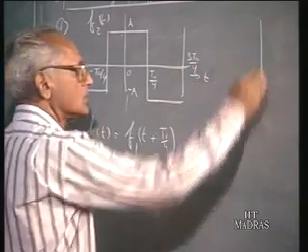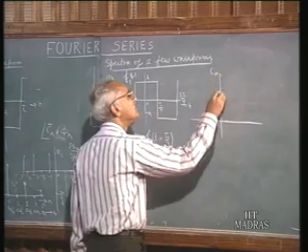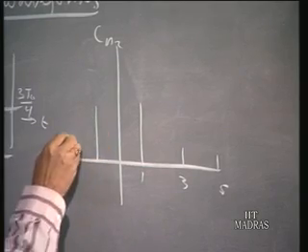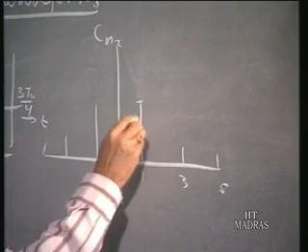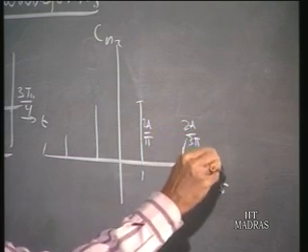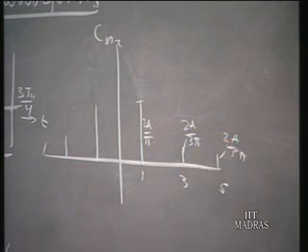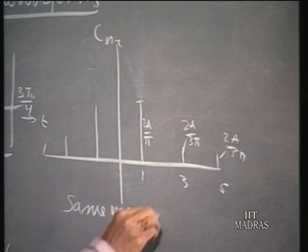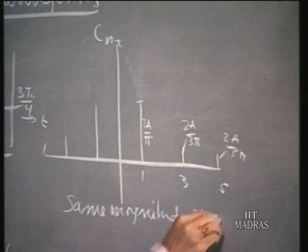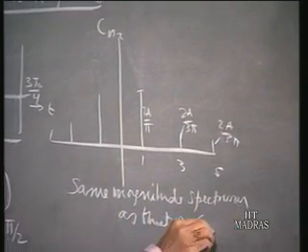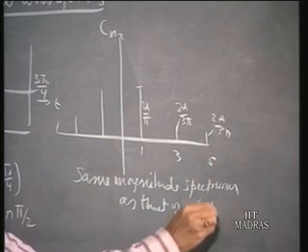So you have harmonics 1, 3, 5, and the magnitudes will be 2a by pi, 2a by 3 pi, 2a by 5 pi, etc. So the magnitude spectrum remains unchanged, the same as that of f1 of t.